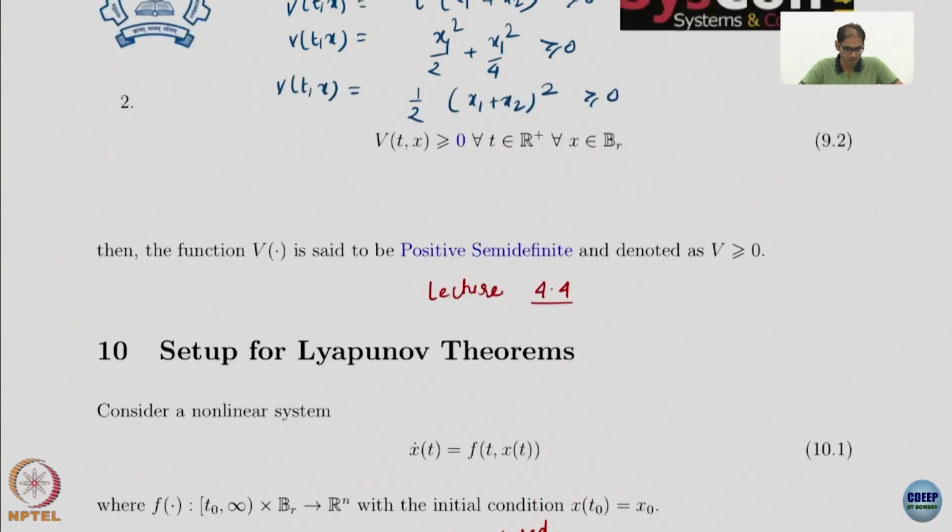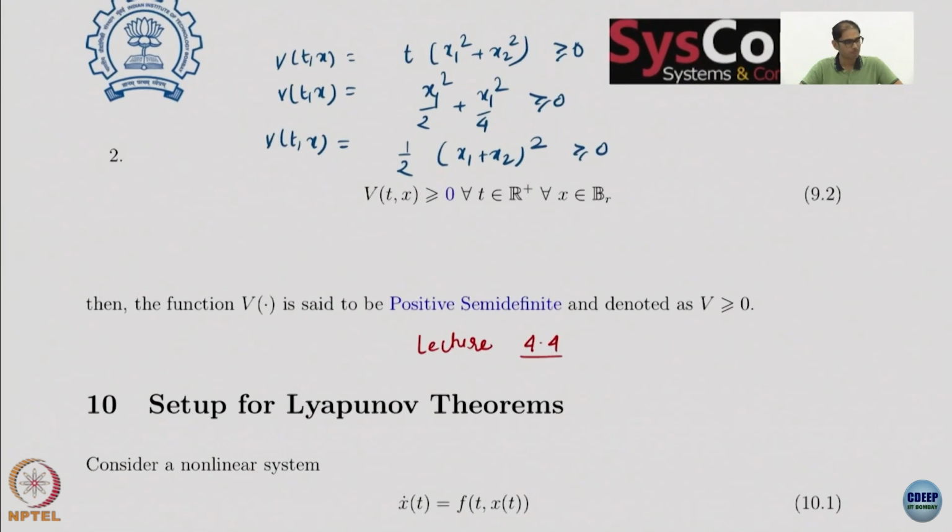We have not gone to the proof of the Lyapunov theorem yet. We are actually going to state them now. But when you look at the proofs, all the proofs for the Lyapunov theorems are based on V inverses, taking the inverse of V and looking at what you get.